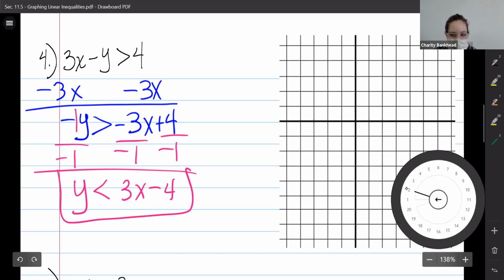So our y-intercept is -4. And then our slope is 3, so we're going to go up 3/1.